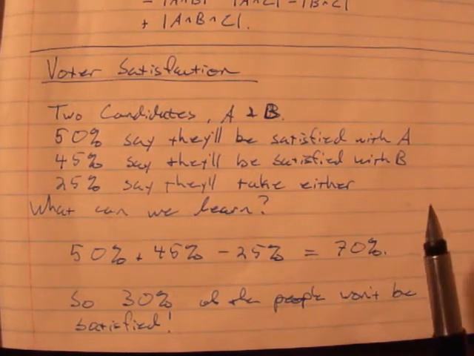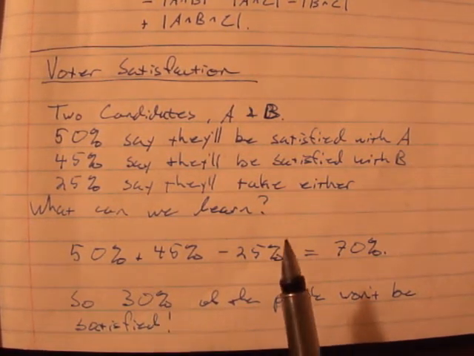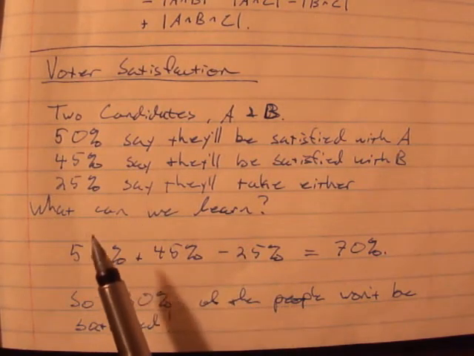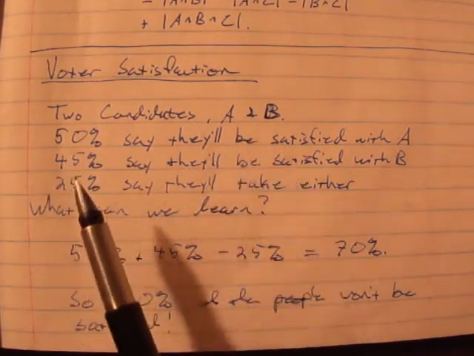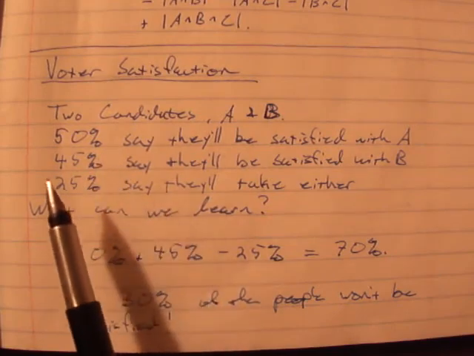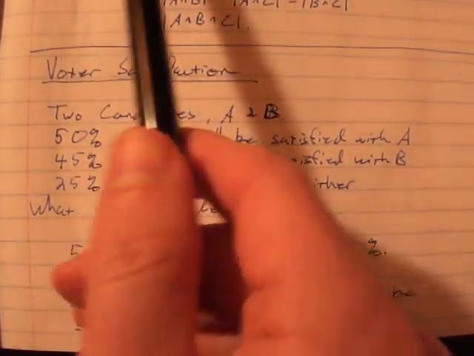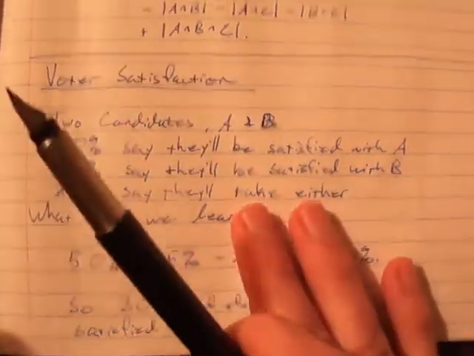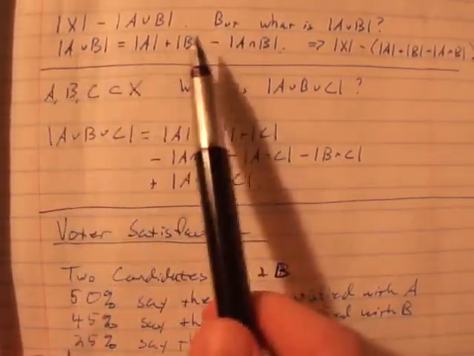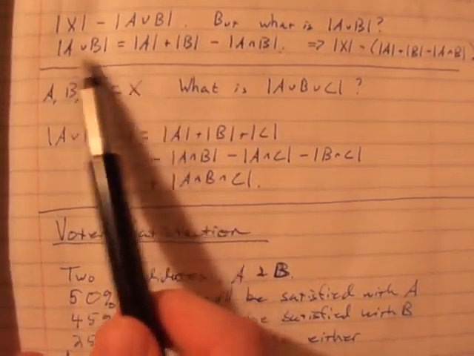So if we want to know how many people will be satisfied, how many people are in the union, it's the same thing as the case up here, where we're taking the cardinality of the union.